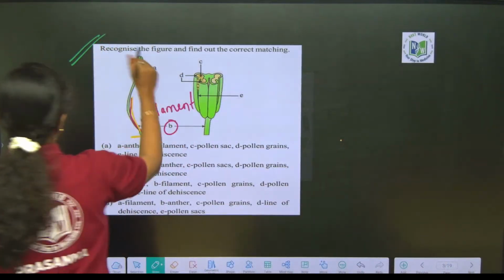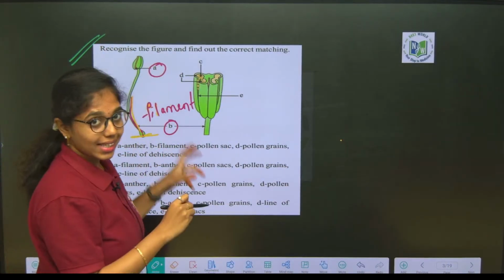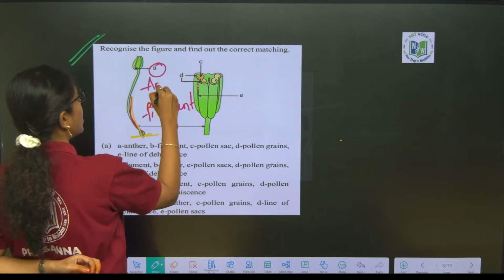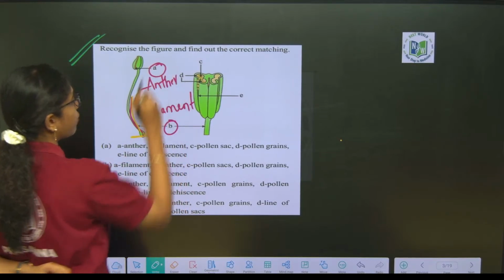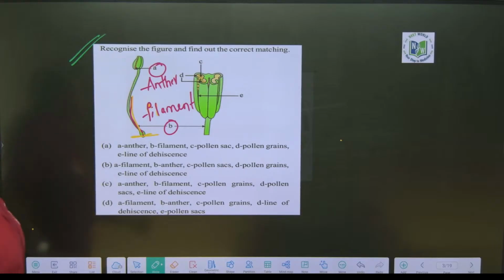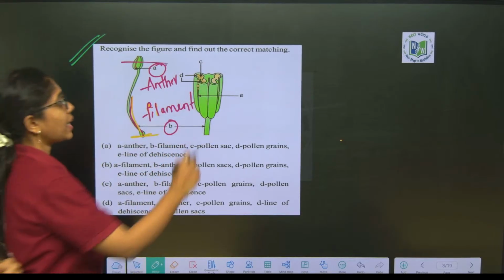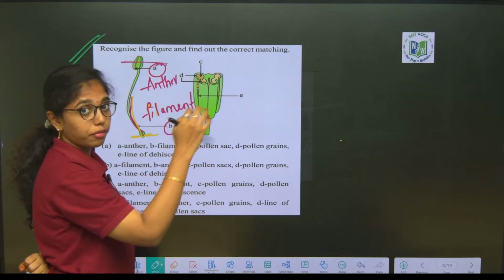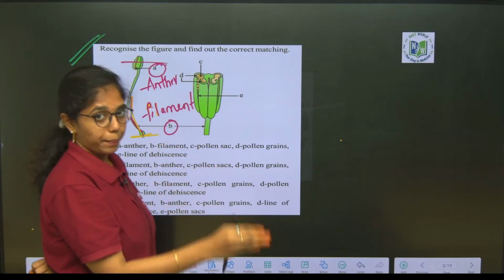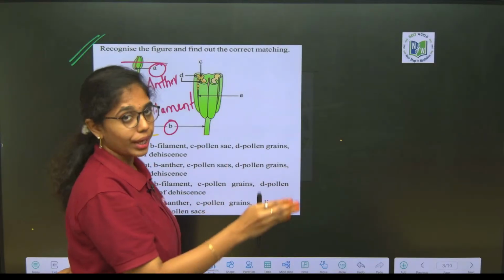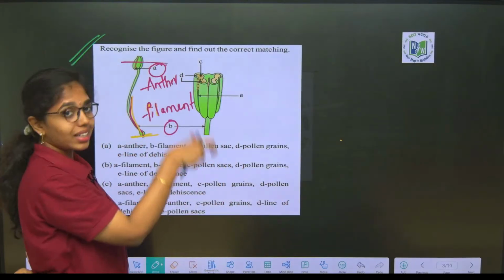This A is the anther, dithecous anther. In the transverse section of this dithecous anther, you observe 4 wall layers, of which the outer 3 include epidermis, endothecium, and middle layers, and the inner layer is the tapetum.